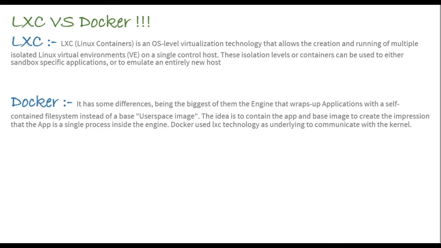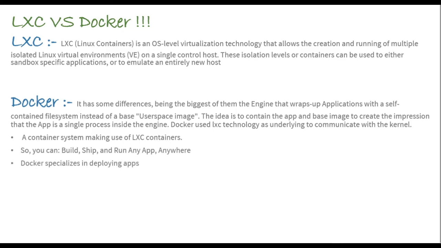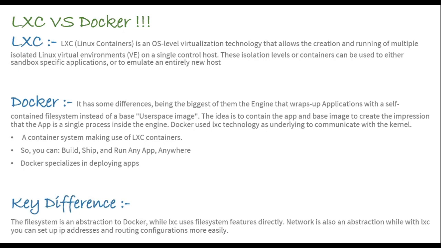Docker used LXC technology as the underlying layer to communicate with the kernel, a container system making use of LXC containers, so you can build, ship, and run any app anywhere. It's platform independent, and Docker specializes in deploying apps. The key difference is the file system is an abstraction in Docker, while LXC uses file system features directly.